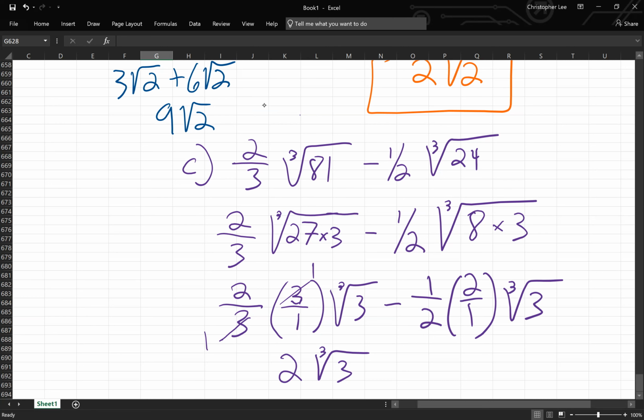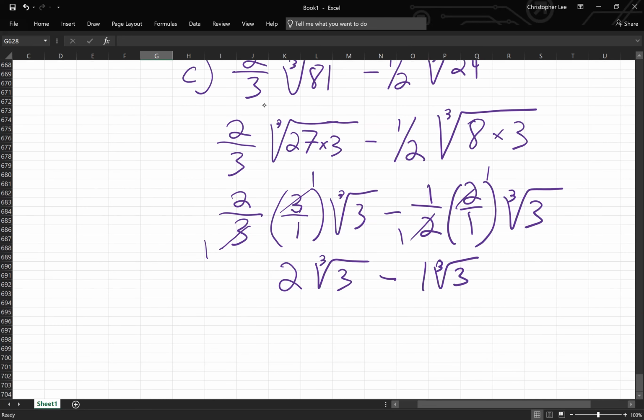That's not perfect. 4 is not perfect either. But 8 is, though. 8 is a perfect cube. And then 2 and 2, this is 1 and 1, so 1 cube root of 3. All right, so 2 cube root of 3 minus 1 cube root of 3 is what? 1 cube root of 3, right? And that's my answer.